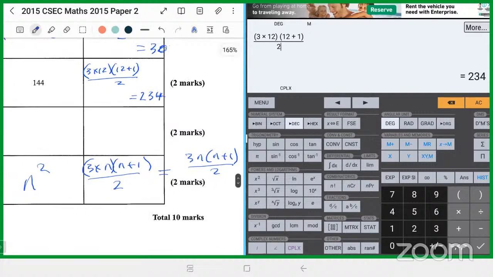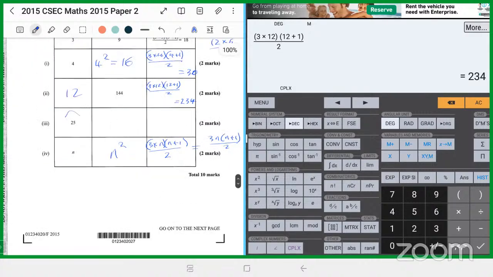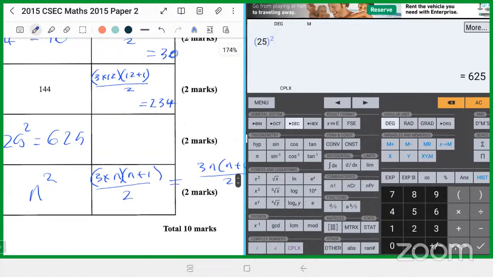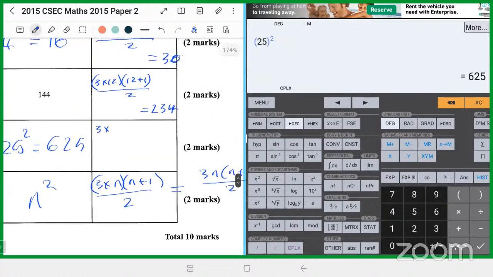All right. Next one. This is 25 now. So we get 25 squared right here, which is 625. Yes, correct. We're using the formula again. So it becomes 3 times 25, times 25 plus 1 over 2.